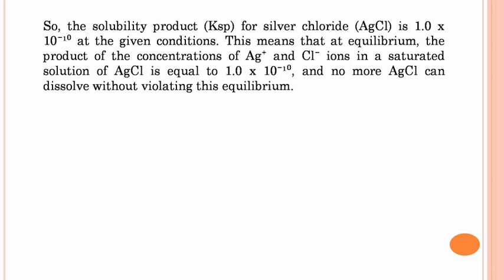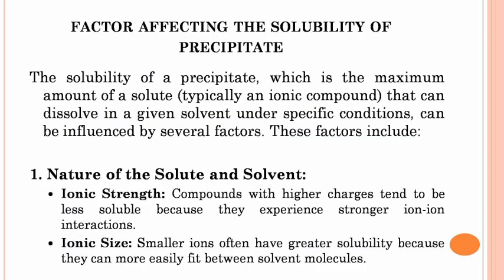So, the solubility product Ksp for silver chloride, AgCl, is 1.0 x 10^-10 at the given conditions. This means that at equilibrium, the product of the concentrations of Ag+ and Cl- ions in a saturated solution of AgCl is equal to 1.0 x 10^-10, and no more AgCl can dissolve without violating this equilibrium.